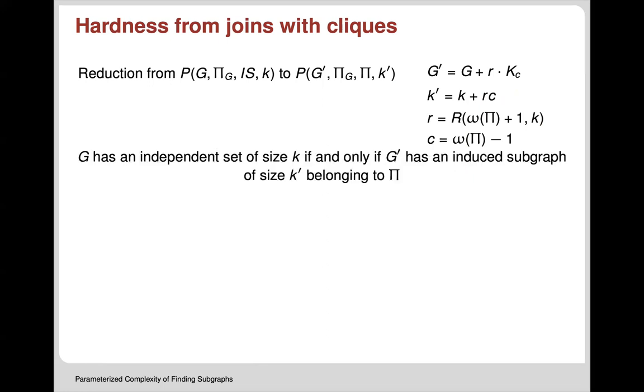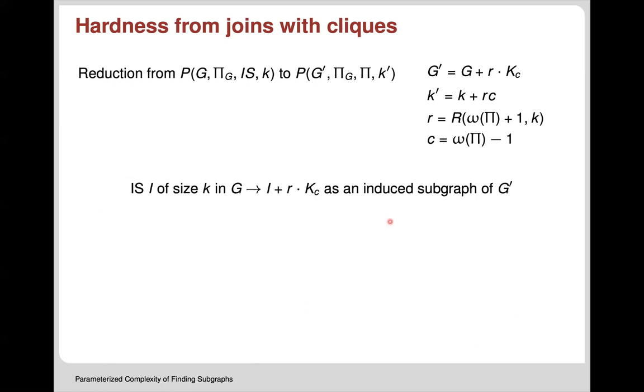Okay. So now we again want to prove the same thing: that G has an independent set of size k if and only if G prime has an induced subgraph of size k prime belonging to pi. If I take an independent set I of size k in G, then if I take this graph, which is k plus R times k of complete graph on C vertices, we get this as an induced subgraph of G prime, and this complete graph has maximum clique size omega pi minus 1.